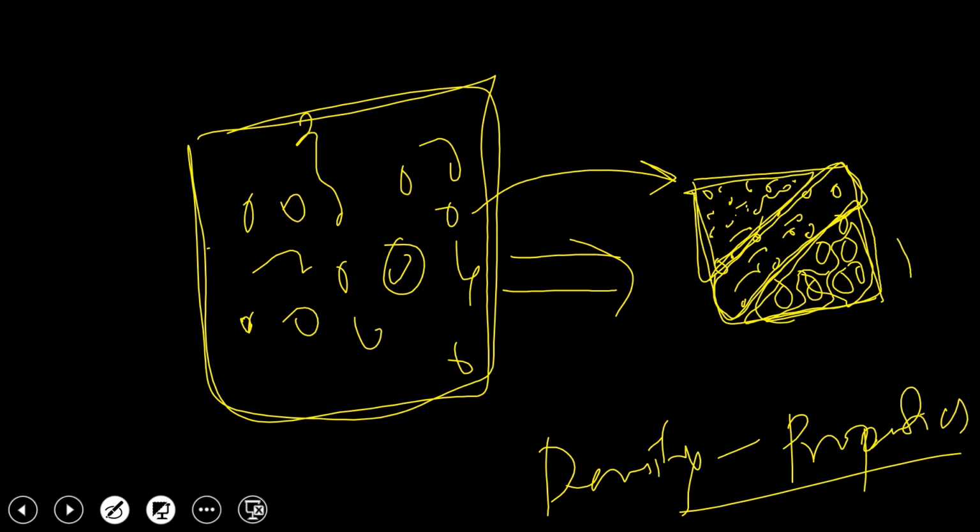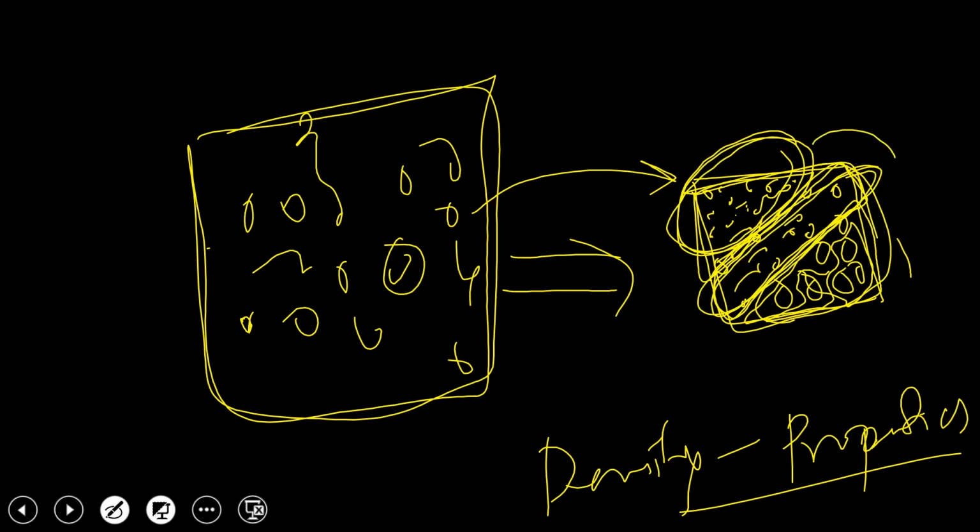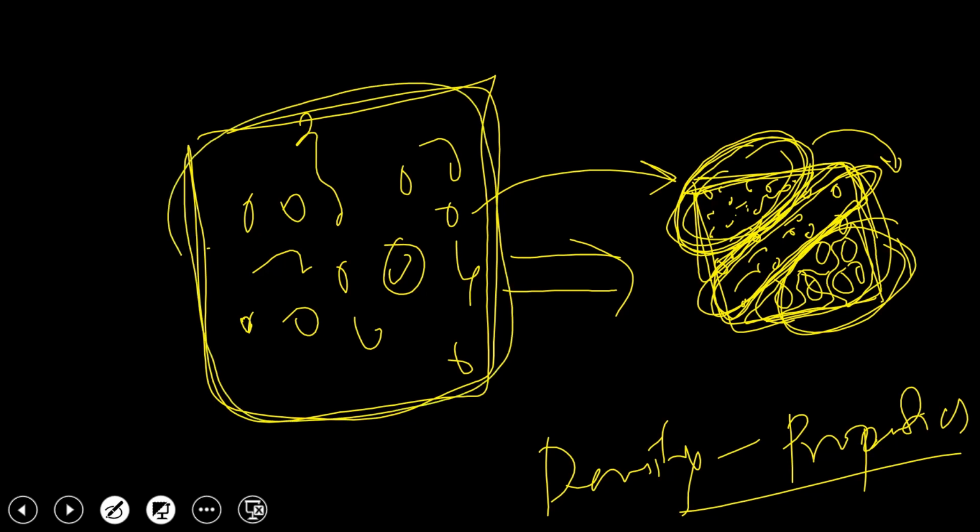So in the same product, here the properties will be superior. In the middle portion, the properties would be somewhat inferior compared to this top portion, and in this bottom portion properties would be poor in nature compared to this top region. So when the part is made from the same raw material, still the properties will not be uniform, and to avoid this we need to go for blending.